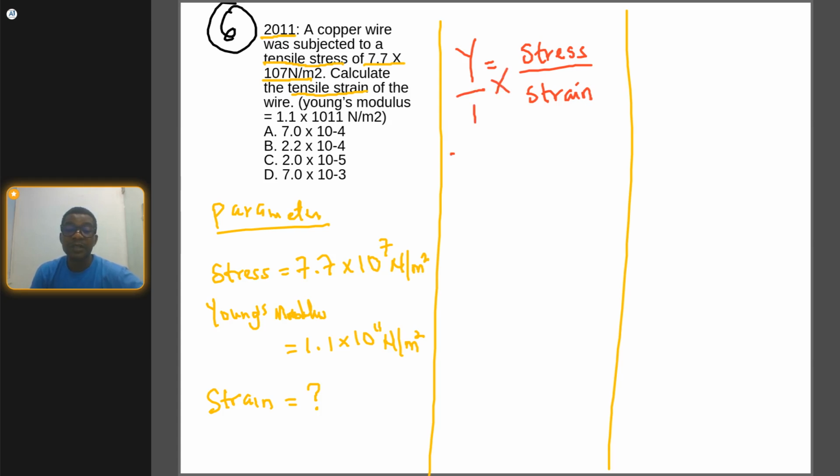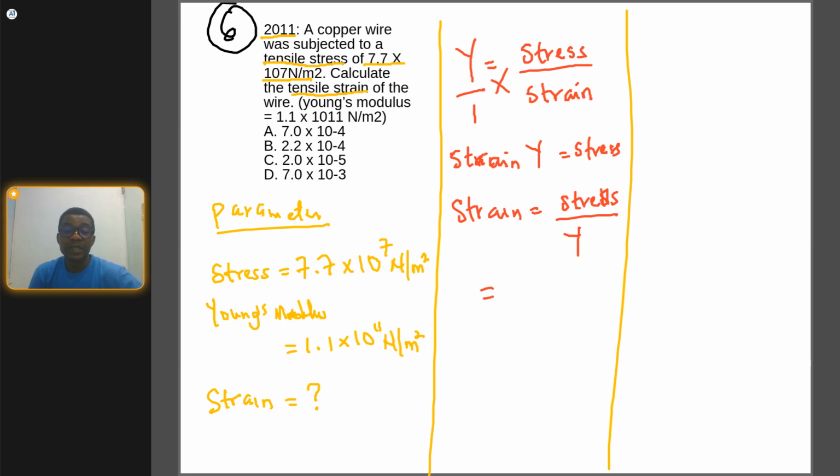Then I'm going to have tensile strain times Y equals stress. And the aim is to get the tensile strain. So let me divide both sides by letter Y. I'm going to have the tensile strain equal to the tensile stress over the Young modulus value.